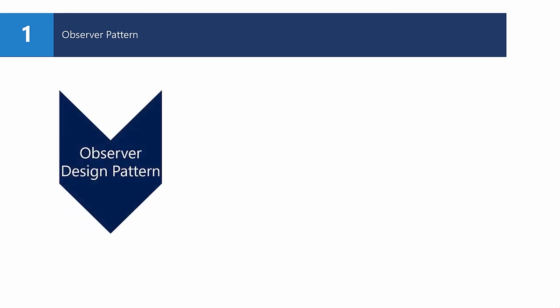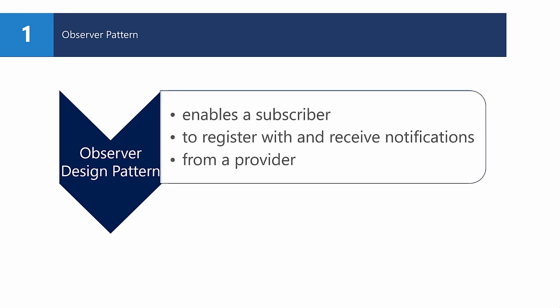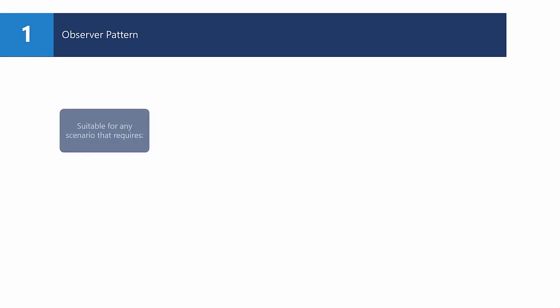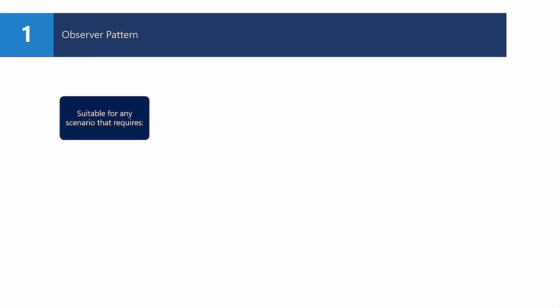Now basically the observer design pattern will enable a subscriber to register with and receive notifications from a provider object. The observer pattern is actually suitable for any scenario which requires push-based notification.